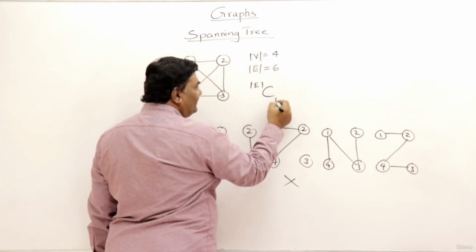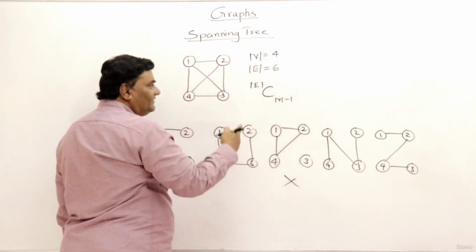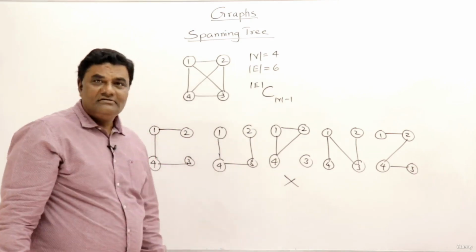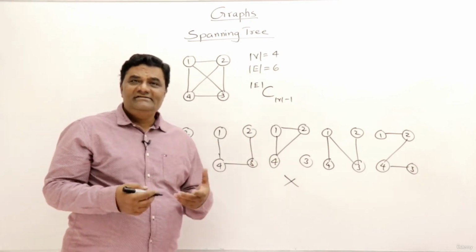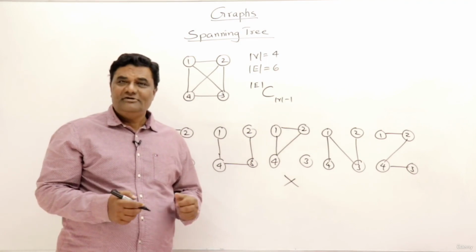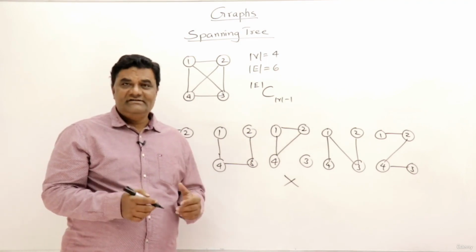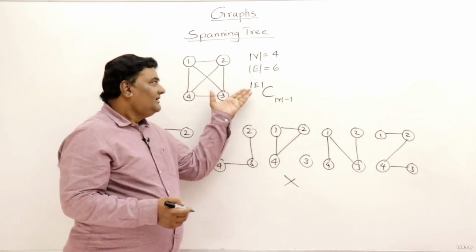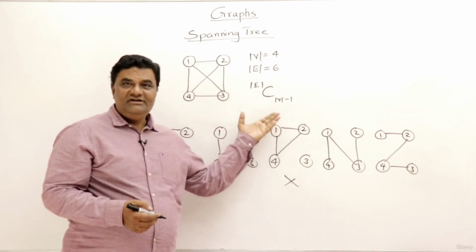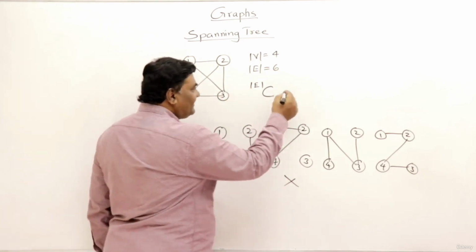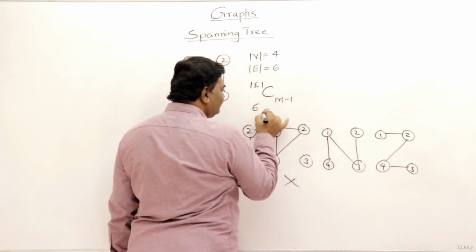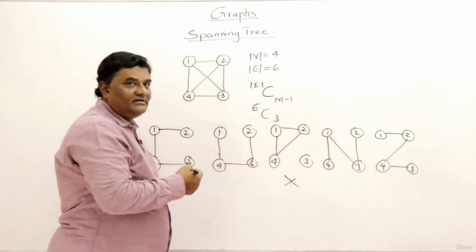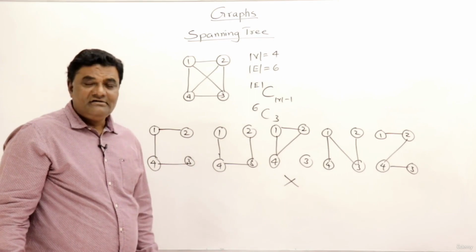So C(E, V minus 1), that is 4 minus 1. In how many ways can I select? That many spanning trees are possible. So out of 6 edges, 3 edges can be selected in how many ways? 6C3 ways. So for this example graph, it is 6C3 ways. Yes, with this I can get the answer.